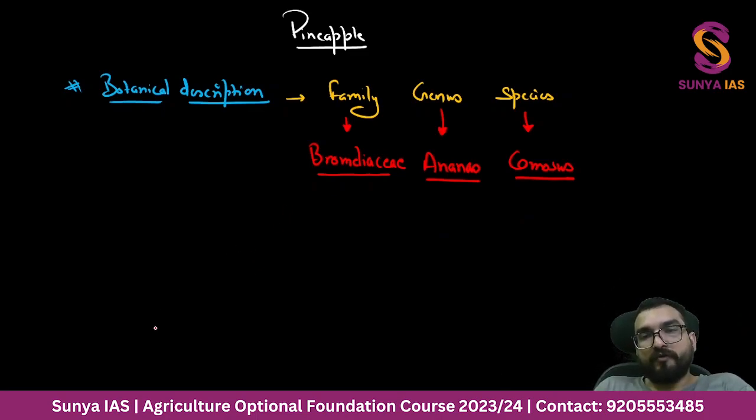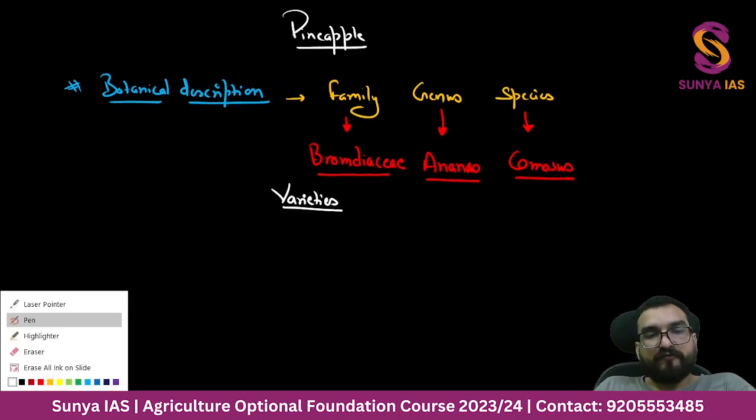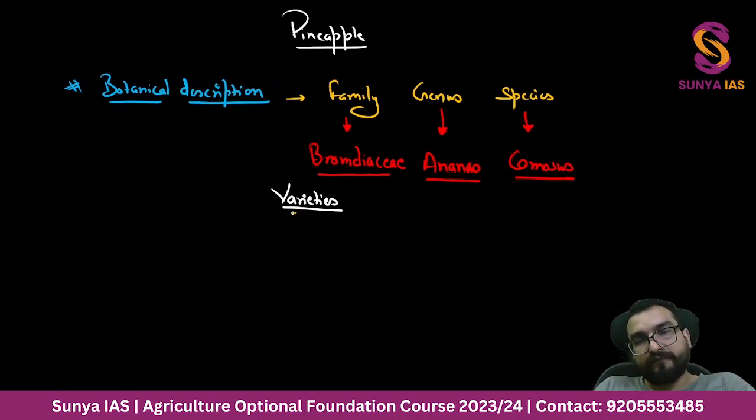Now, if we talk about the varieties of this Comosus species, it is divided into 5 categories, guys. One is your Spanish group. Second is your Queen group.